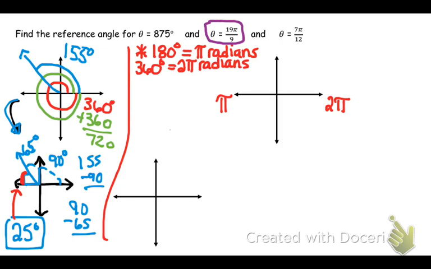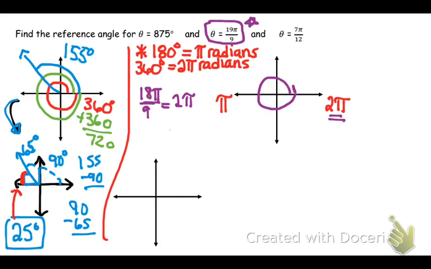And we're working with 19 pi over 9. So if I had 18 over 9, I know that's equal to 2. So 18 over 9 pi is pretty darn close to 19 over 9 pi. So this is equal to 2 pi. So let's go around one time. That would get us to 2 pi, but we need just a little bit more.